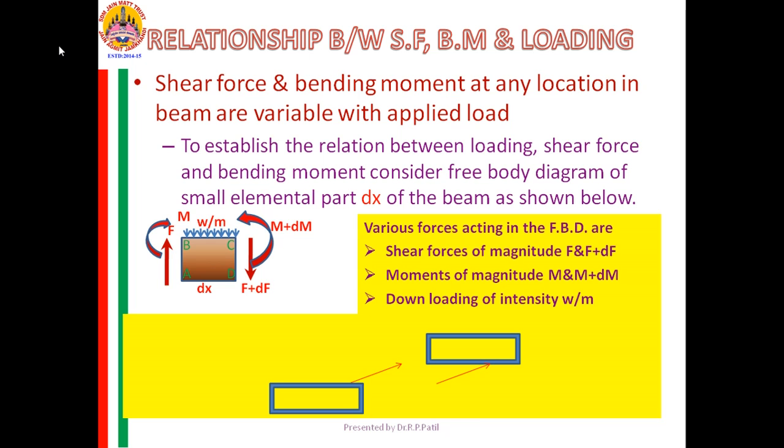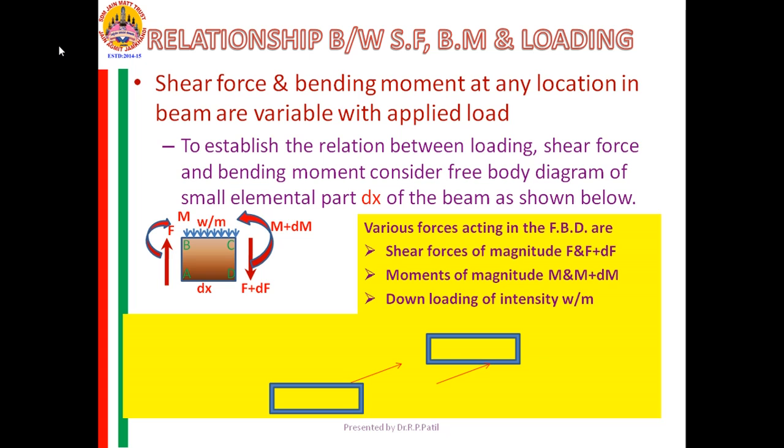Now, the small part I have considered is in equilibrium. Why is it in equilibrium? I am removing it from the beam, but those actions I am putting on it.